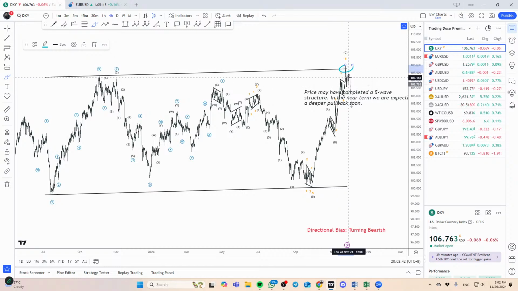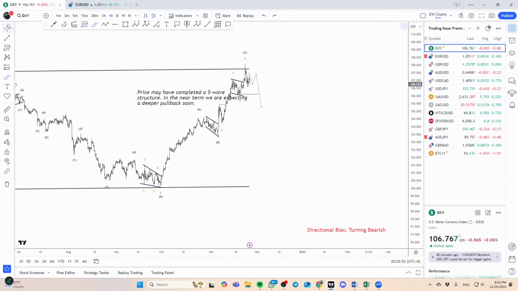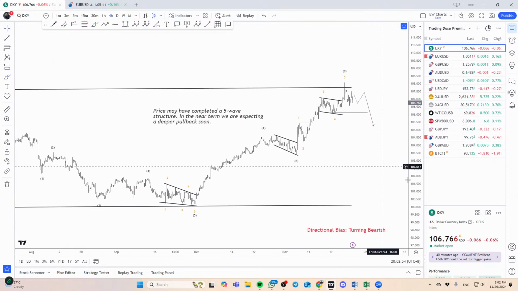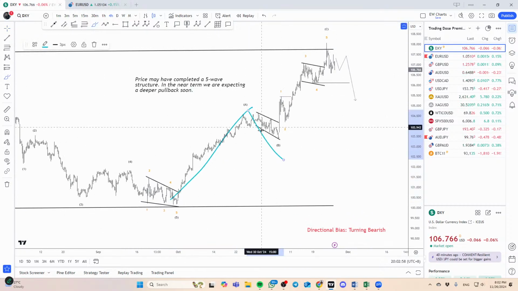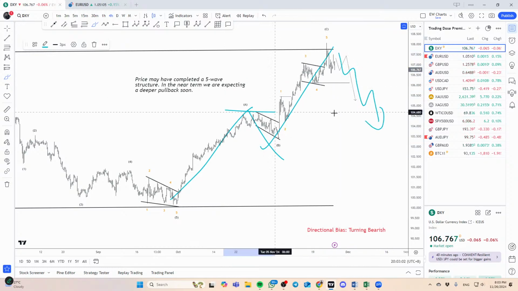So that potentially can mean that the dollar may face some resistance as of now and potentially come down a little bit more. Okay, and of course, zooming in a little bit, with also the same expectation, the cycle here as an ABC might have completed and we are likely seeing a little bit of a deeper pullback.